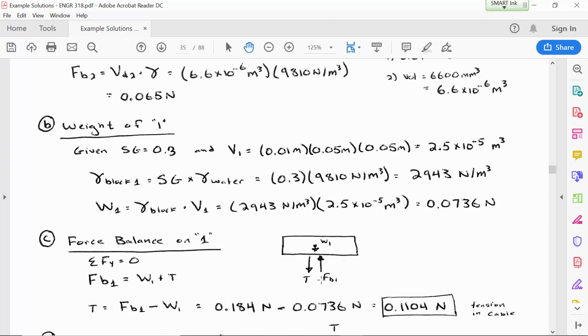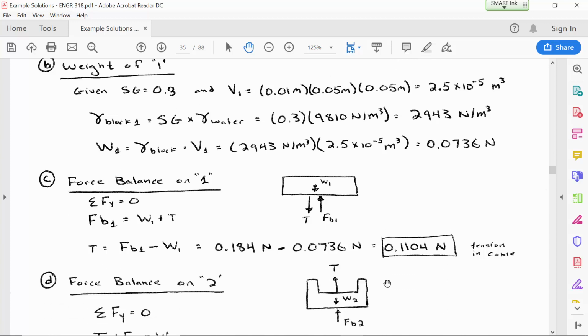It's the difference between the weight of the block and the buoyant force that it's experiencing. Usually they'd be the same if it was just floating without any interference, but there's this extra force pulling the block down.